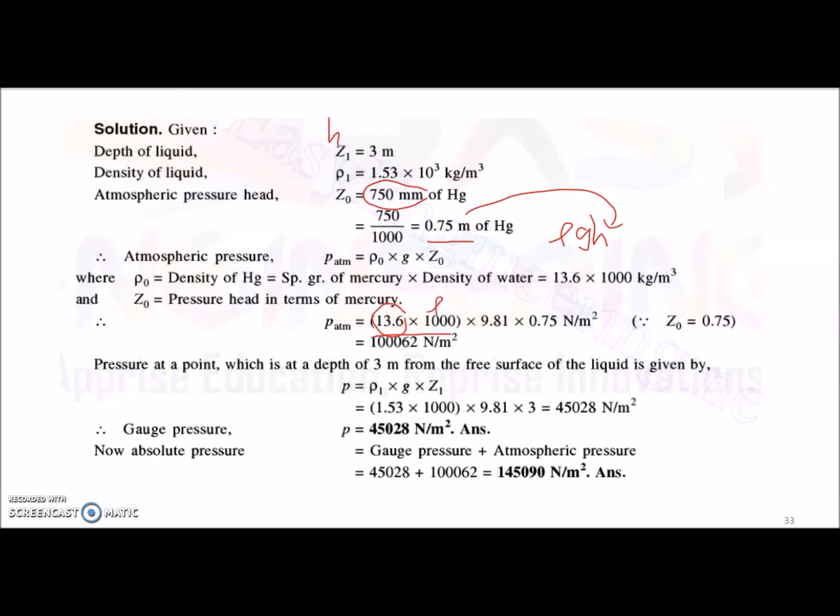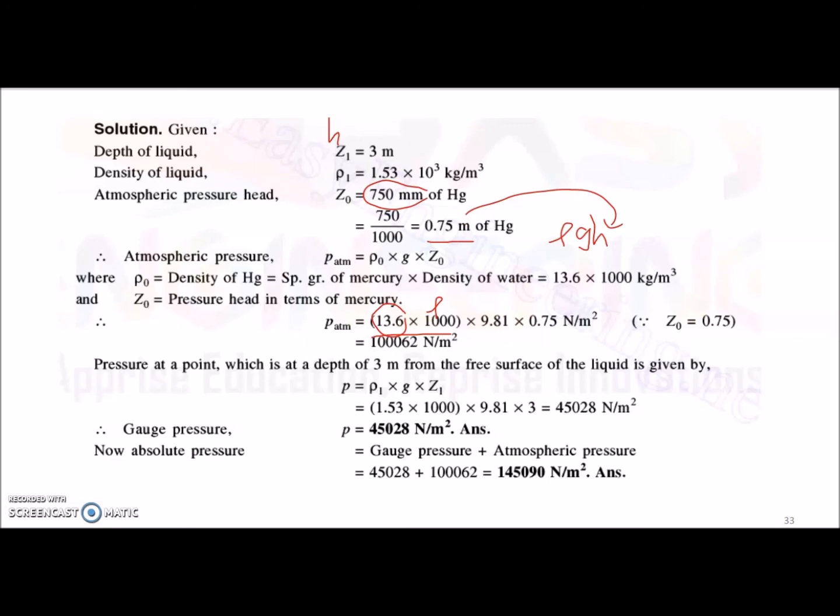We get the density, and then the atmospheric pressure is 100,062 Newton per meter square. It can also be written as pascals, the same units. 1 pascal is 1 Newton per meter square.